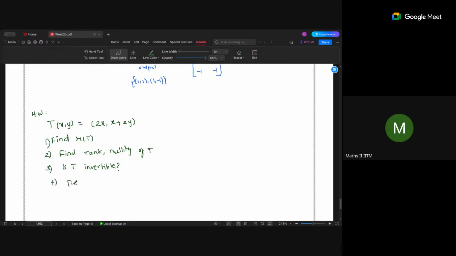And then find the matrix of T with input basis E1, E2 and output basis maybe the above basis (1,1), (1,-1).